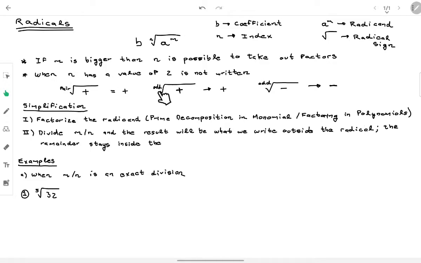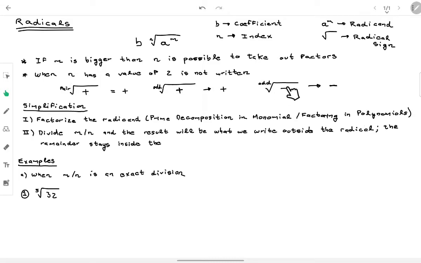What happens if I have an odd index? An odd index means we will look for a number multiplied maybe 3 times by itself or 5 times by itself, of a positive. It's going to be also positive. Why? Because if we multiply positive times positive times positive, it's still positive.